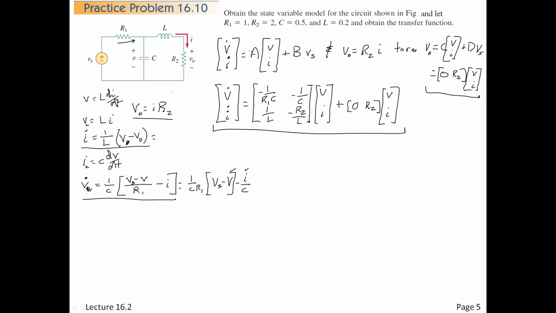Now if we want to find the transfer function, we know that, because all of this got derived, and that derivation was done very well in the text, it's C, and we have a C here, times sI minus A, and then take the inverse of that, times B, okay?